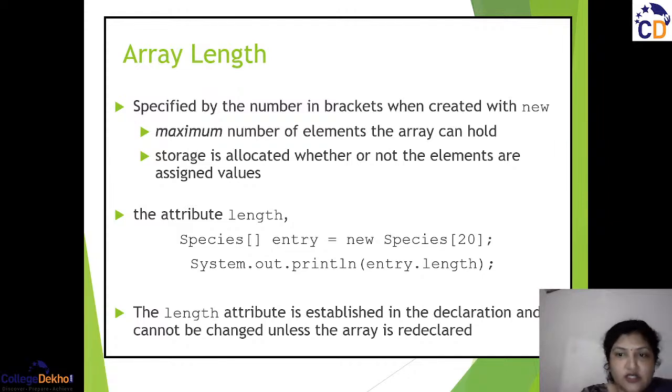If you want to change it, you may redefine it in the next statement, like if you want to have 10 only. If you want to increase it, you may increase it also. If you want to decrease it, you may decrease it also. So basically at that time it is going to work, right?